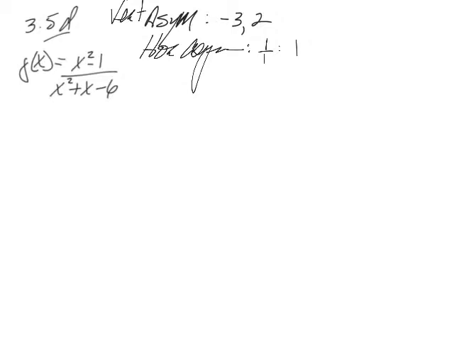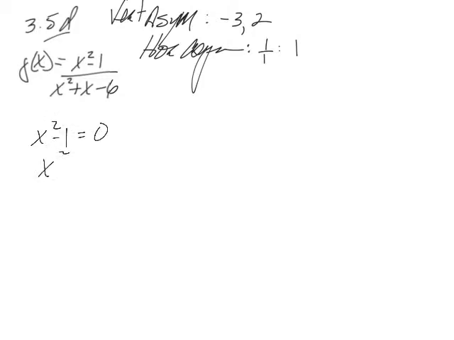The next thing, step 3, is to find the zeros of the function. We're going to find where this graph crosses the x-axis, and it'll always cross the x-axis for whatever makes the numerator 0. So we take x squared minus 1 and make that equal to 0.